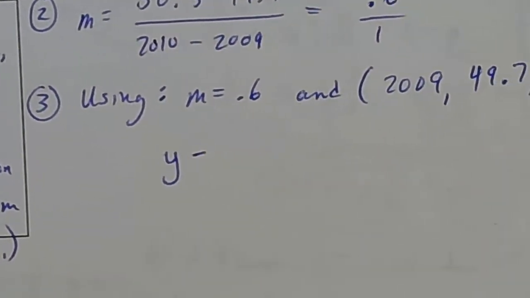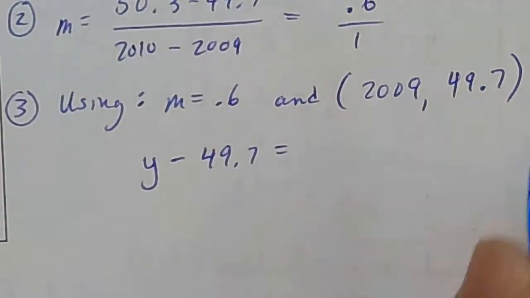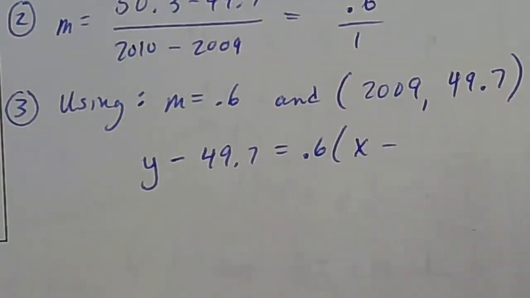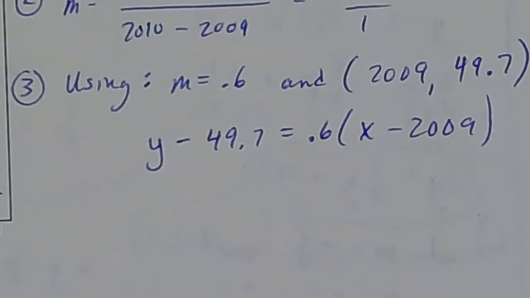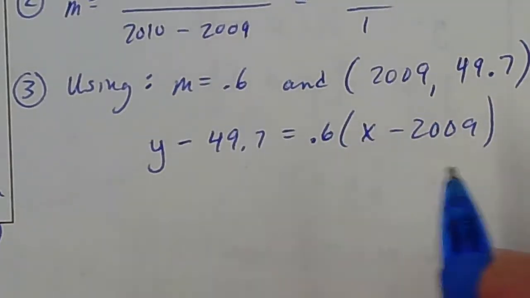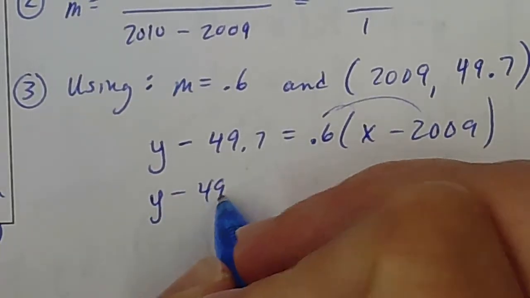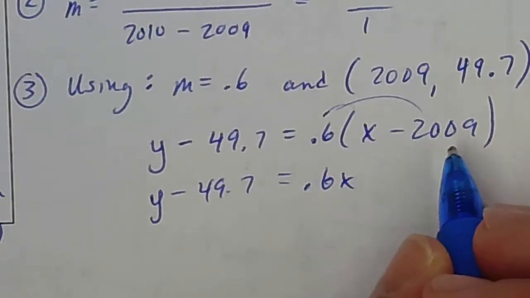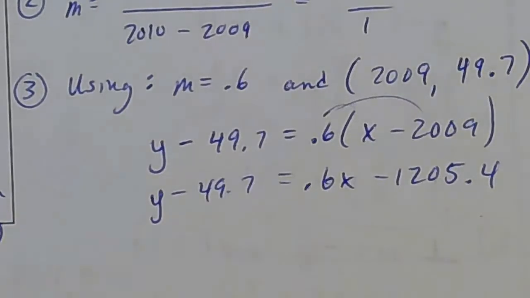On to the equation now. Y minus 49.7 equals m times x minus 2009. I don't know if all of you guys have calculators working right now, so I'll take you through these steps because I already got the numbers. So we distribute now. 0.6 times 2009 gives me 1205.4.